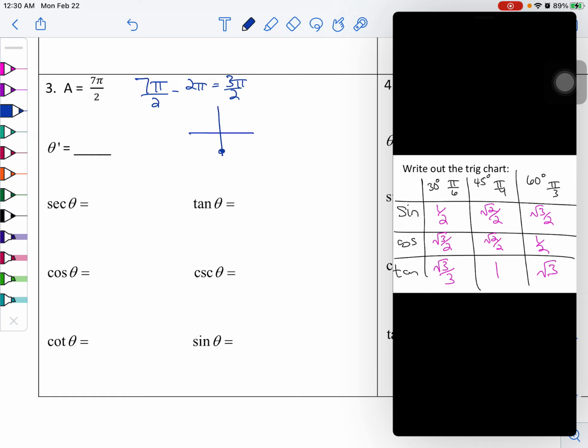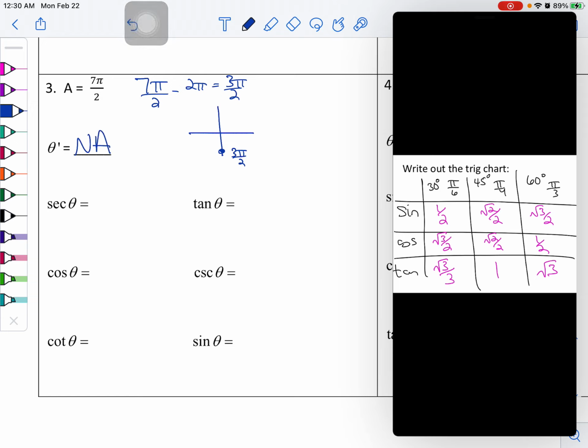Now, 3 pi over 2, if I graph it, is right here. That is the radian value of 3 pi over 2. When we talk about a reference angle, we're looking for how close we are to the nearest x-axis. Well, we're not in quadrant 3 or quadrant 4, we're on an axis.